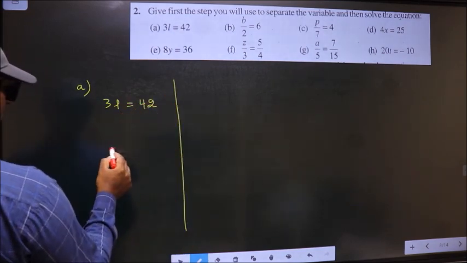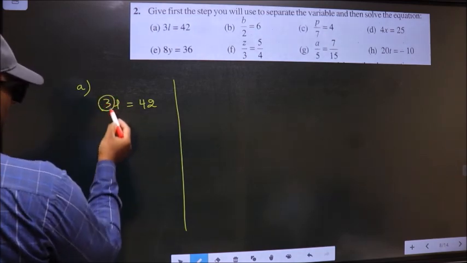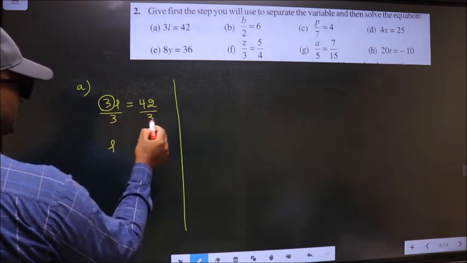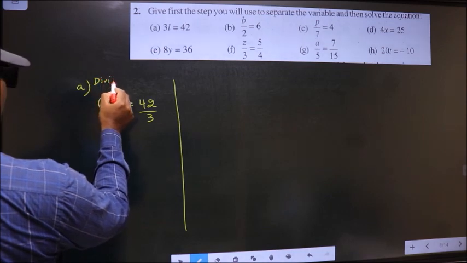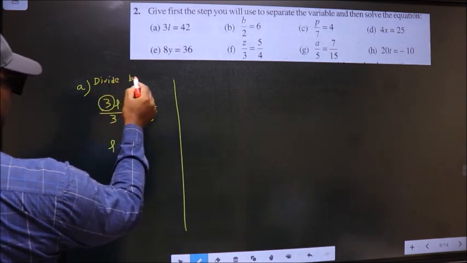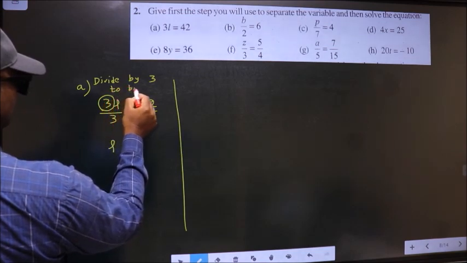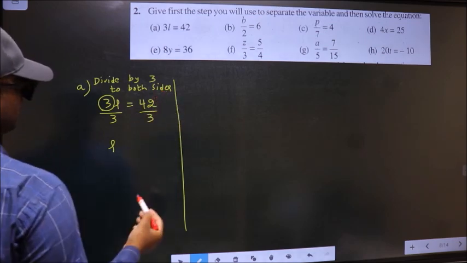Now to get value of L, we should remove 3 from here. To remove 3, we should divide by 3 on both sides. So our step is divide by 3 to both sides, or divide both sides by 3 is fine.